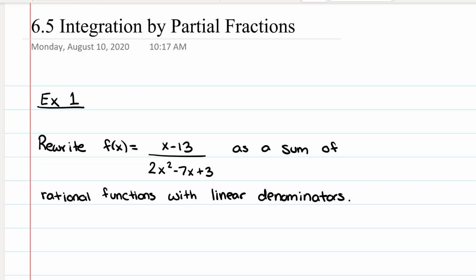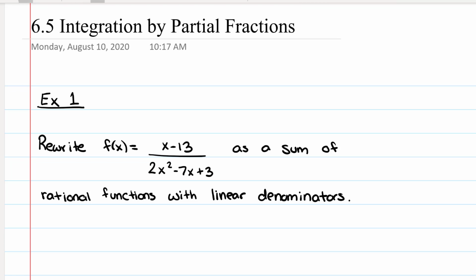6.5, Example 1. So in this video, we're going to focus in on how to take a rational function and separate it using a partial fraction with a technique we call fraction decomposition.